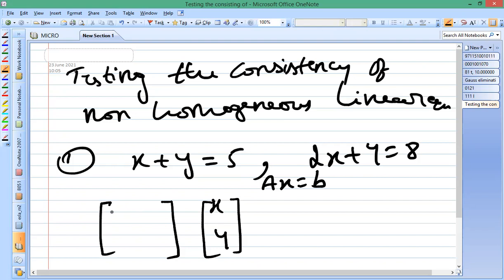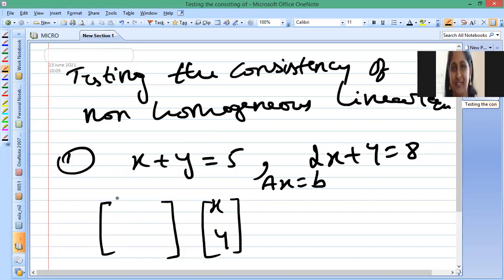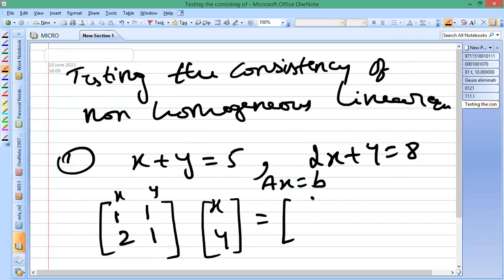So what do we get? Here x, y: 1 1, 2 1. This is equal to 5, 8.